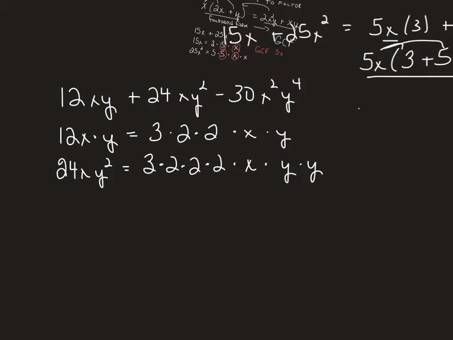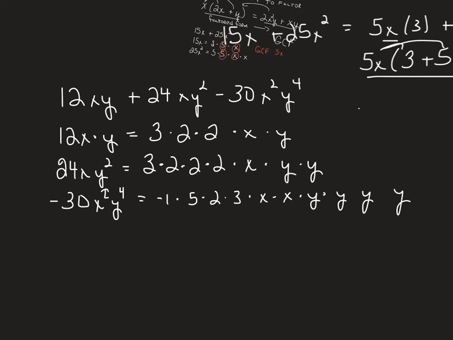And then negative 30x squared y to the fourth is negative 1 times 5 times 6, which is 2 times 3, times x times x times y times y times y times y.